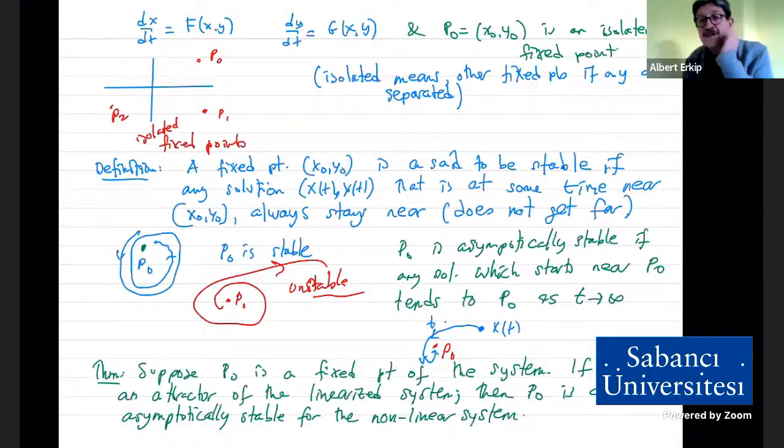So the behavior is similar. What does it really mean? What was an attractor? Attractor meant all the solutions approach there.